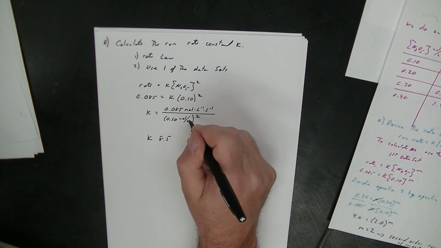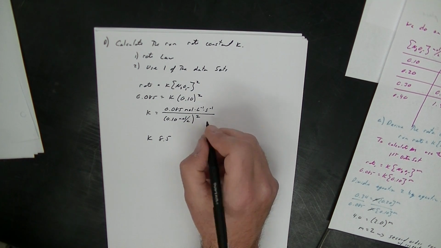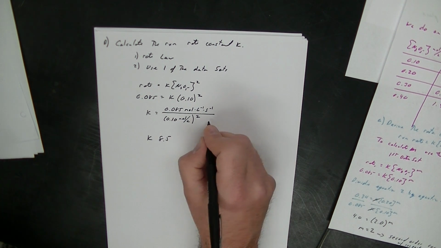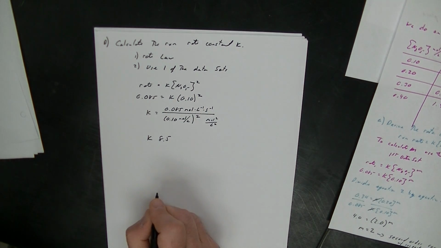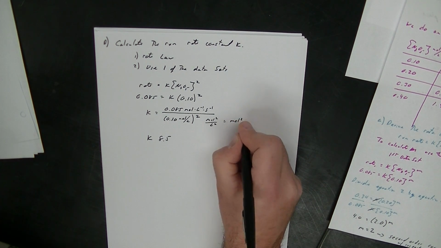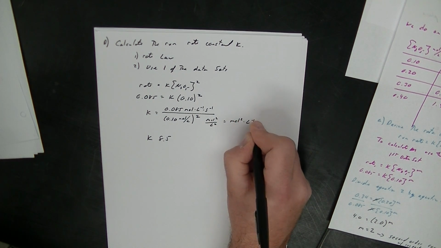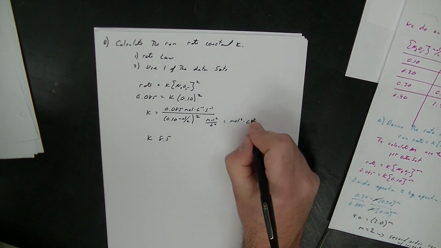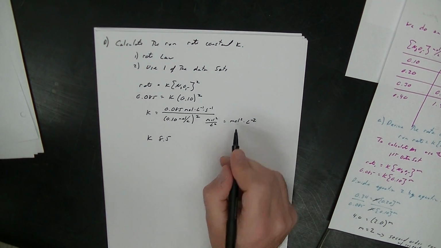So these units become moles squared over liter squared, or we could write this as moles squared dot liters to the minus 2.